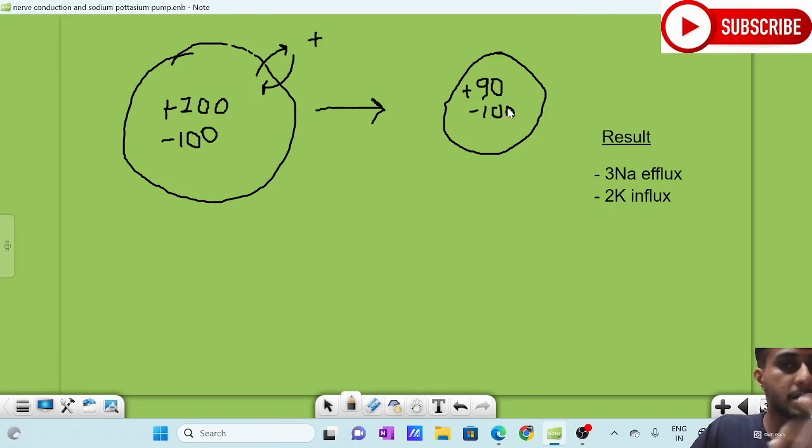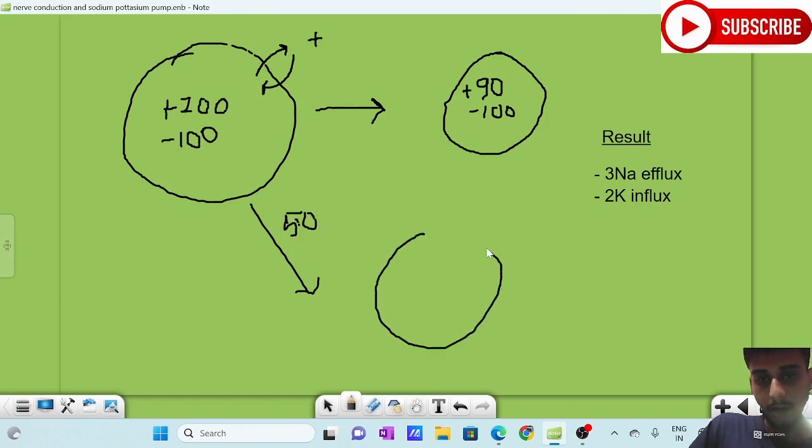So now there is a slight change in the polarity. The neutral condition now begins to change. So what happens from this condition? What happens after 50 cycles of the sodium potassium pump? After 50 cycles, we can see that only 50 positive ions are left inside and 100 negative ions are left.